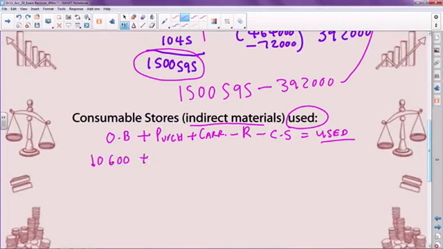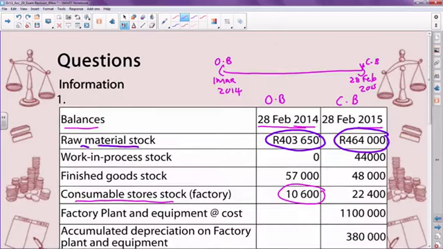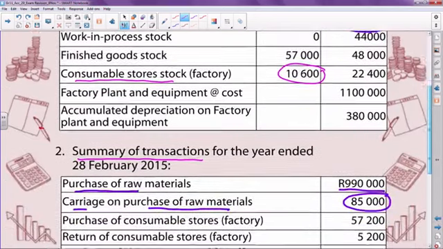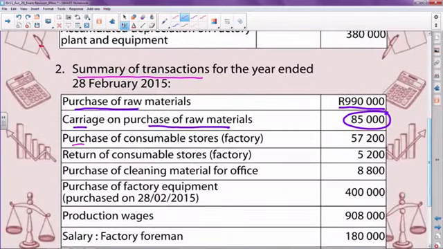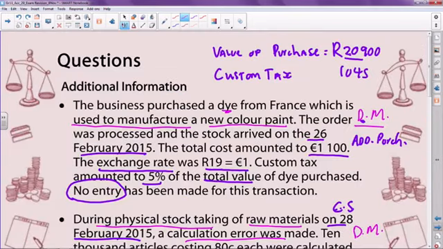Right, now let's look at purchases of indirect materials during the year. So we're going to get that information from my transactions for the year. Okay, so there we go. Purchase of consumable stores for the factory, 57,200.